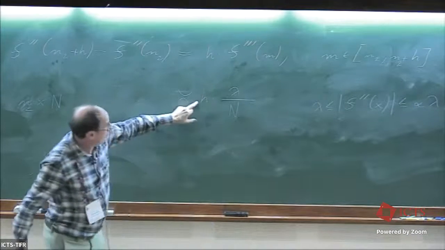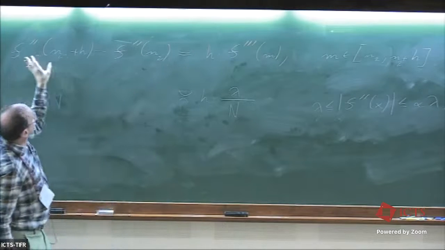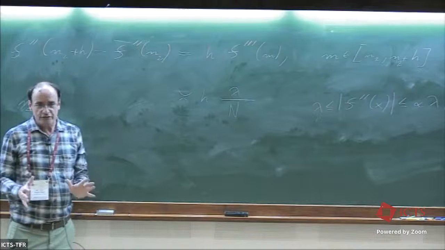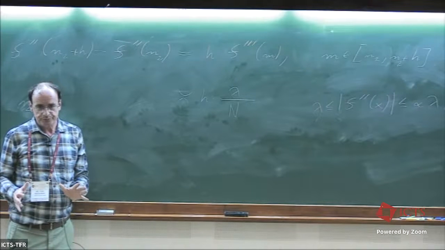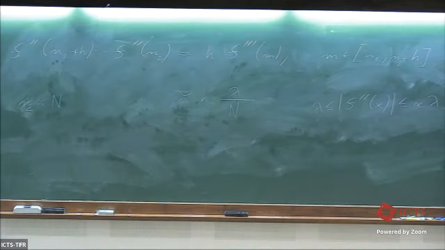So if h is small compared to N, then the size of the second derivative of the difference will be smaller. So actually we achieve something in the case when h is small.